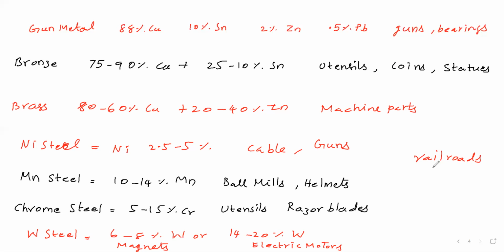Why are we adding manganese in railroad steel? Oxygen and sulfur in the steel will be removed by manganese, so for that reason manganese steel is used here.